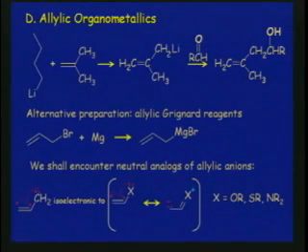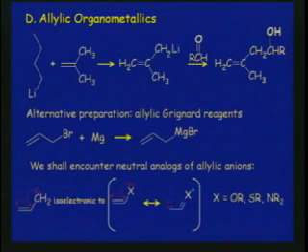There is, of course, another way of making allylic anions, namely through allylic metallation, such as in Grignard formation. With magnesium, you just get the normal allylic magnesium reagent. So that's a complementary way of doing it. And we shall see, this is the anion that we get, the allylic anion, stabilized by resonance.